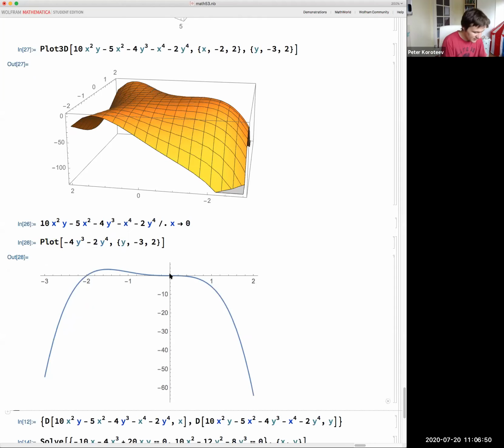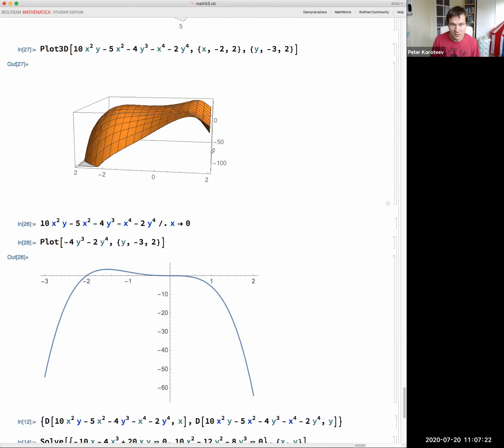This point is indeed a local maximum. Oh no, it's not the one, I'm sorry. Here it's -3/2, and this is a local maximum. I just rotated the plot like this.